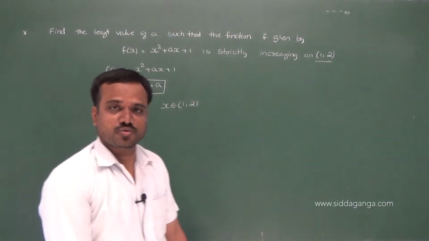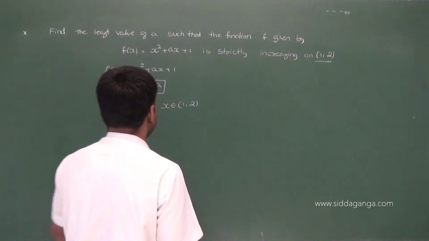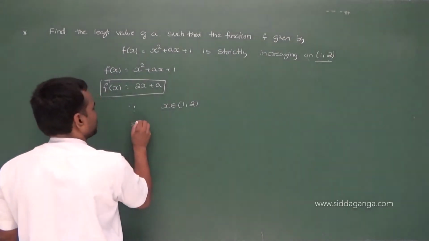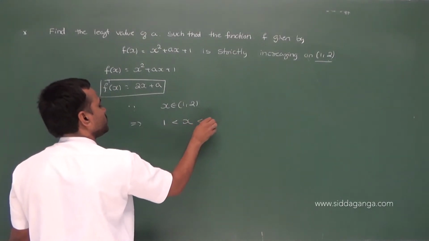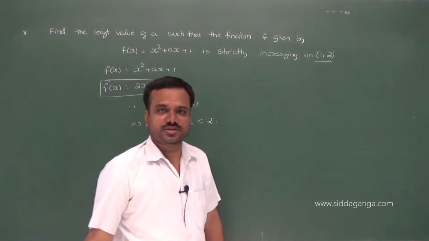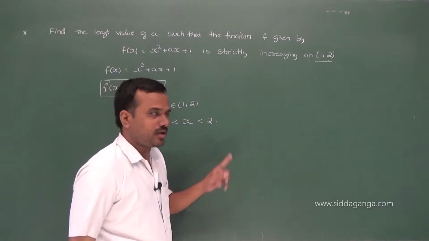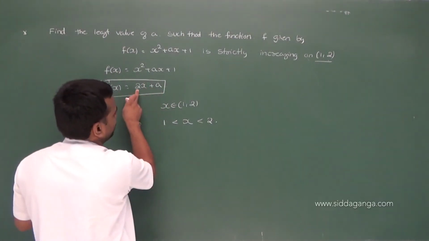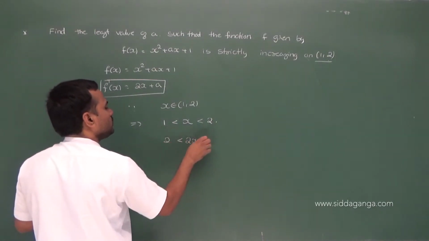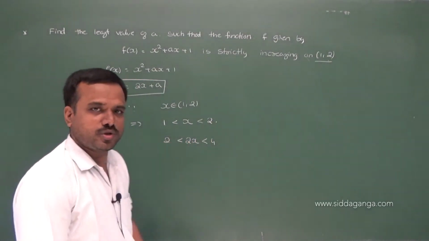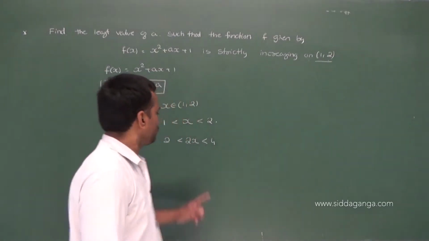X belongs to (1, 2). So that implies x is greater than 1, less than 2. Correct now? What do I do? I multiply by 2. 2x is greater than 2, less than 4.